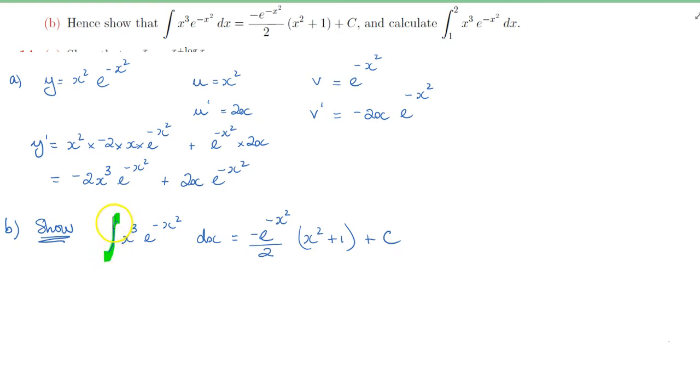But at the moment, that integral sign is not helping.